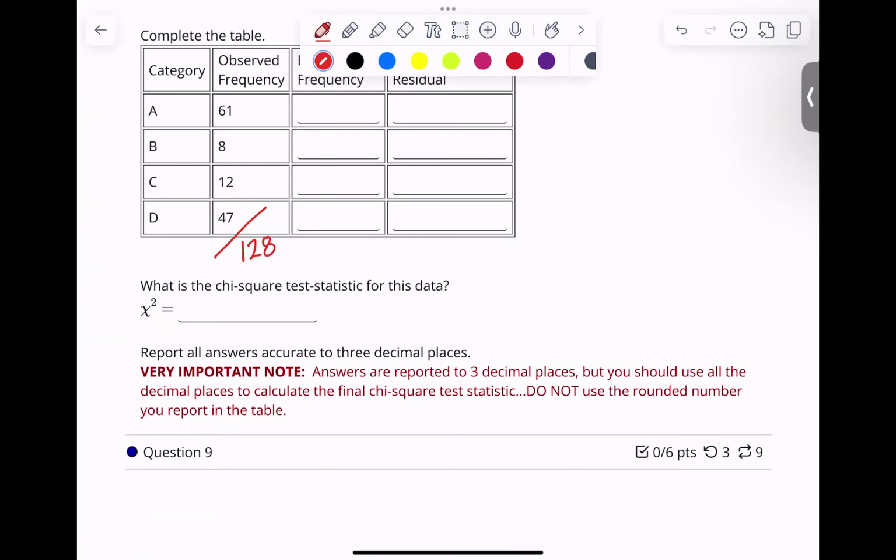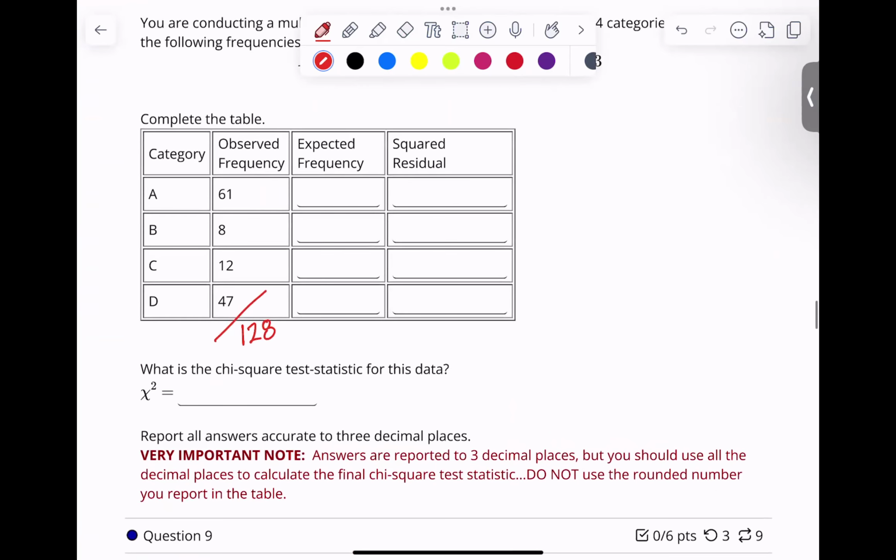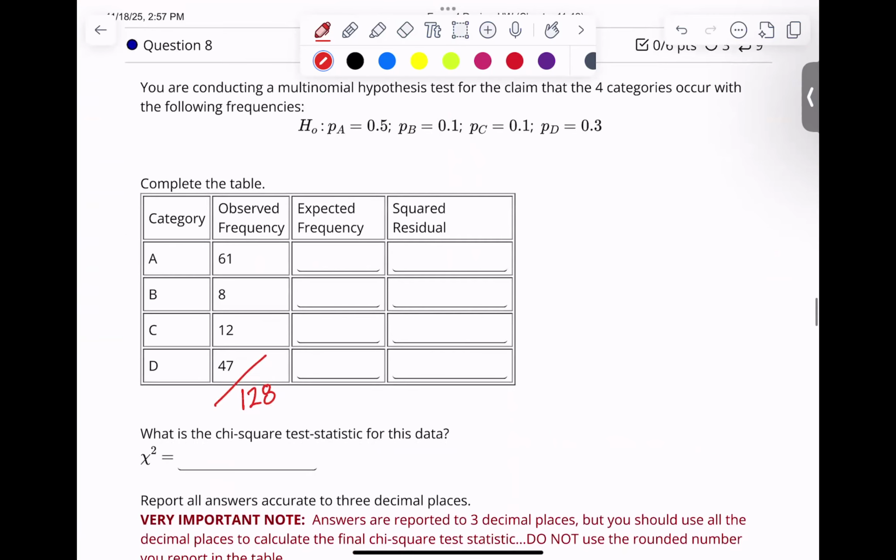Then I can calculate the expected value because I expect that category A occurs half of the time, 50% of the time. So we're going to calculate the expected. So expected, the first category, category A, we expect it to occur 50% of the time.